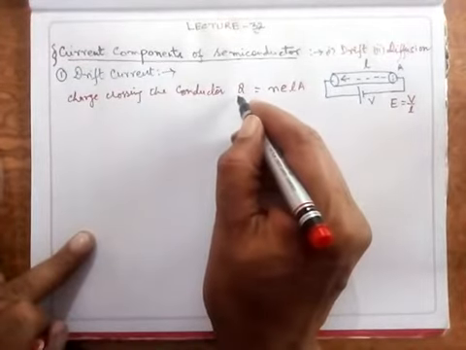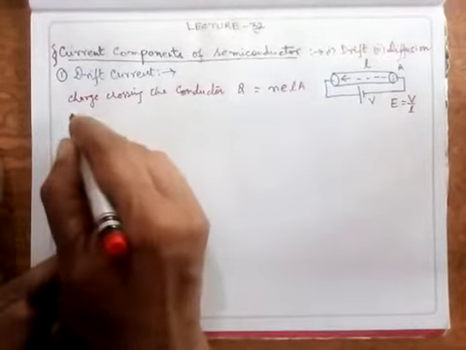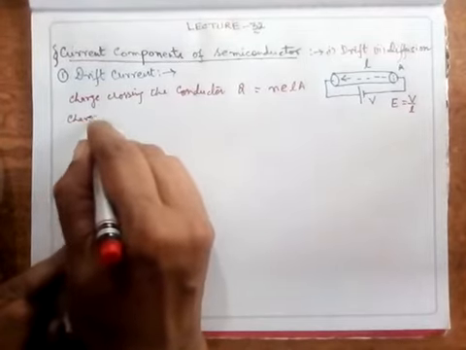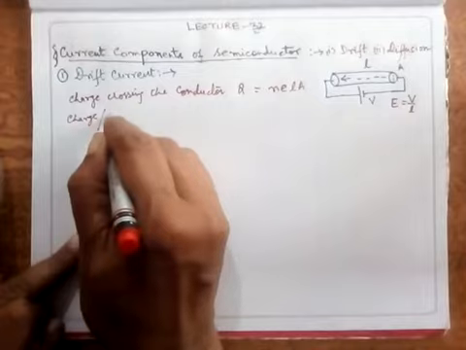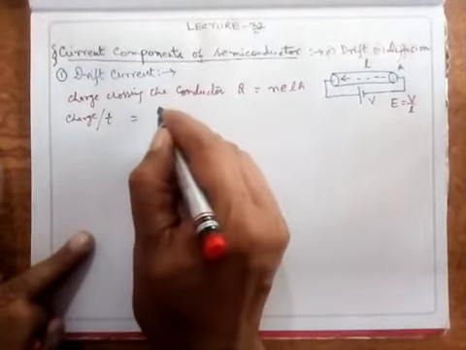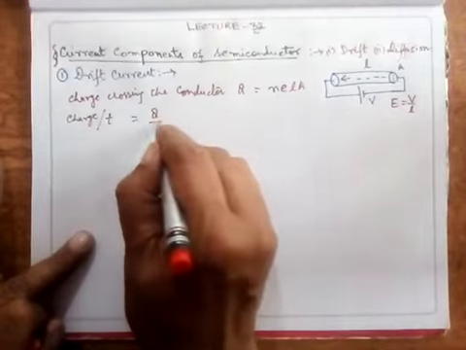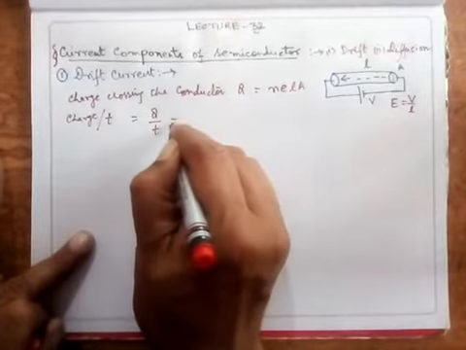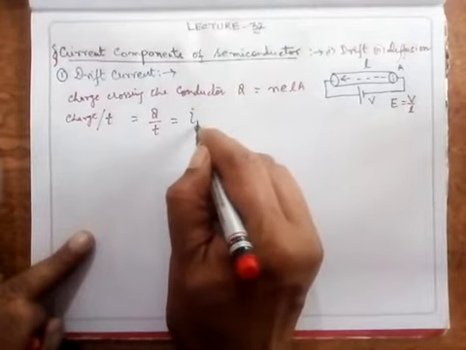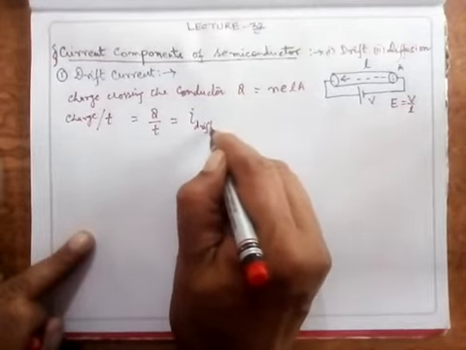Now I say the charge flowing per unit time, that is the current, flowing through this conductor. That is, I can say it is the current, Q upon T. This is the current I, and I call this a drift current, as it is due to drift.